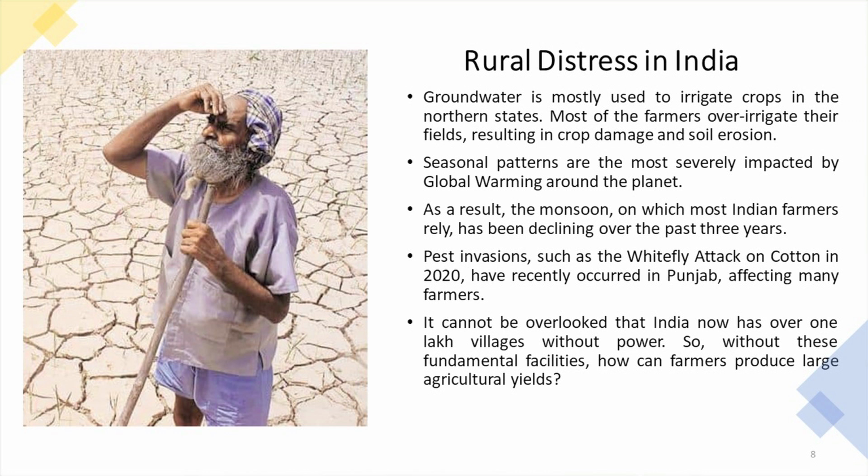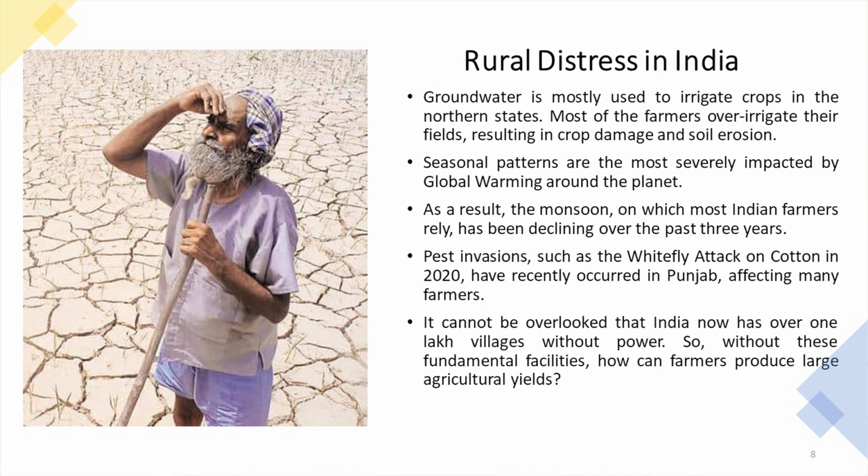The groundwater is highly used, which is leading to over irrigation of their farmlands, and that is resulting in crop damage and also leading to soil erosion. So over irrigation is a problem. And what is the source of over irrigation? Groundwater exploitation is the source of over irrigation.